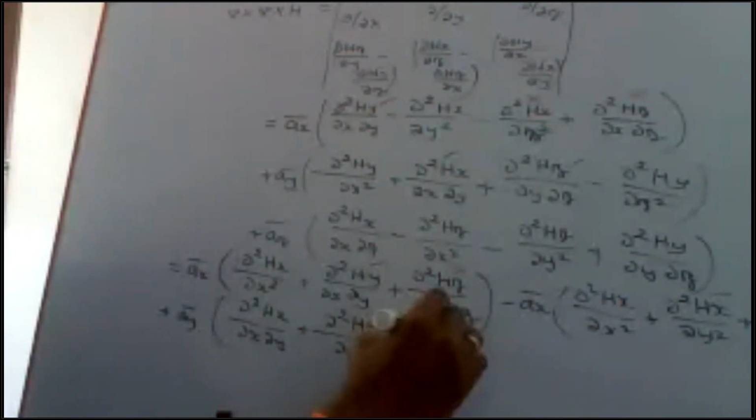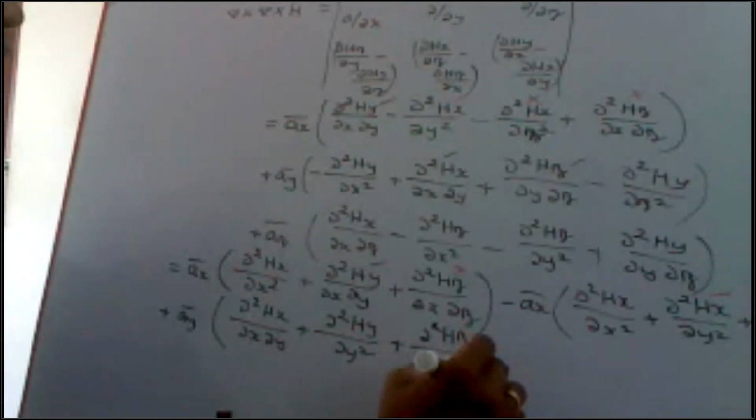Then I am going to write this term plus dou square hz by dou y dou z.